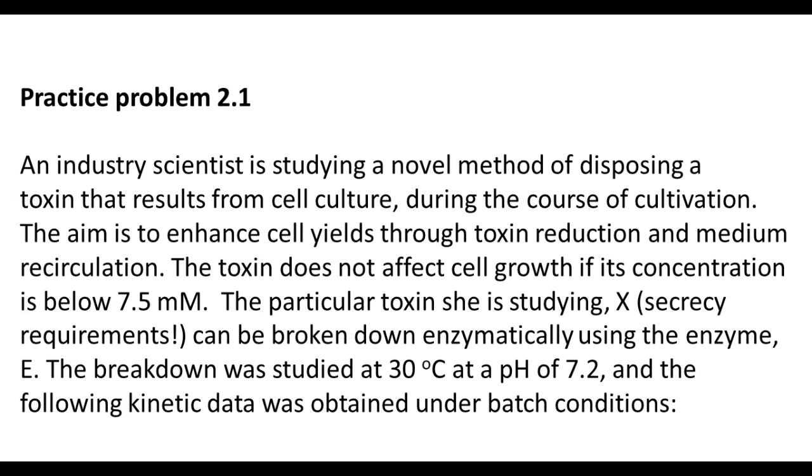The particular toxin she is studying, X, as she has a lot of secrecy requirements, can be broken down enzymatically using the enzyme E, again secret. The breakdown was studied at 30 degrees C at a pH of 7.2, and the following data was obtained under batch conditions.